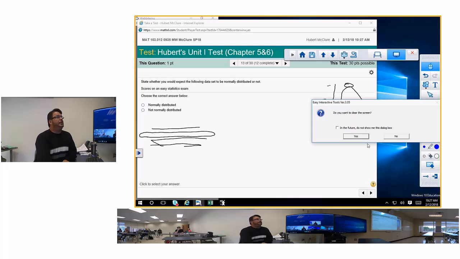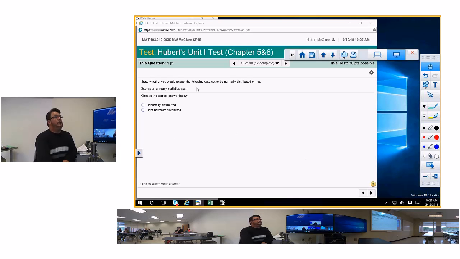This one says, state whether you would expect the following data to be normally distributed or not. Scores on an easy statistics exam. We'll draw it.